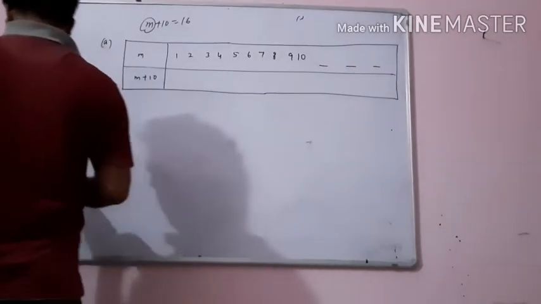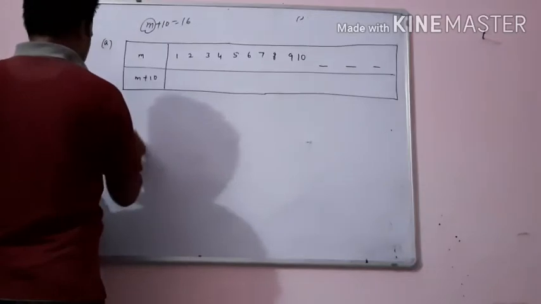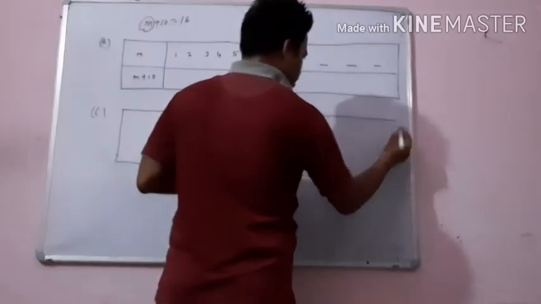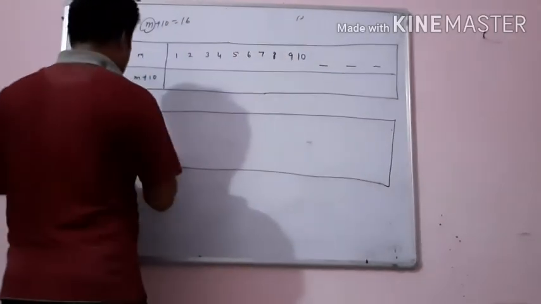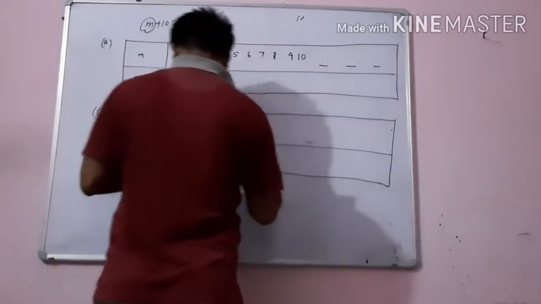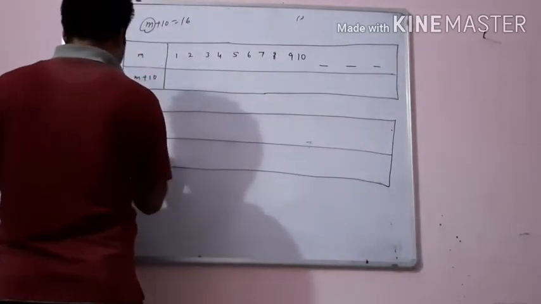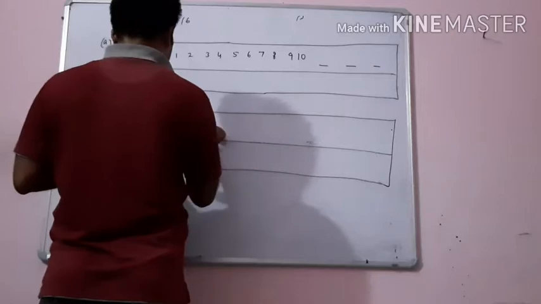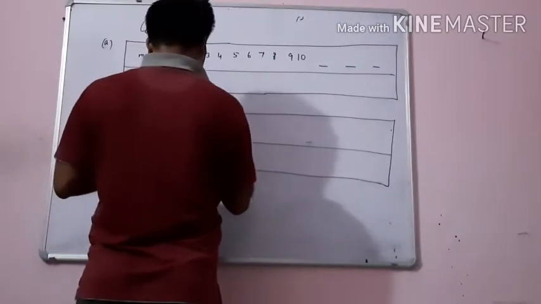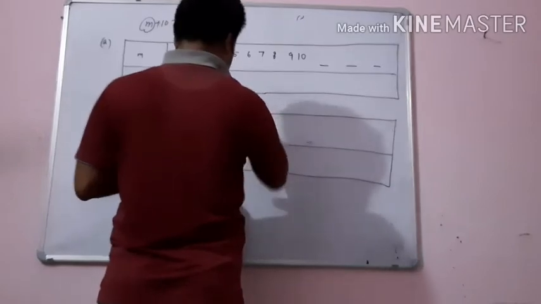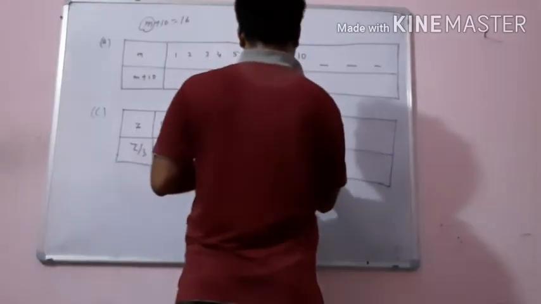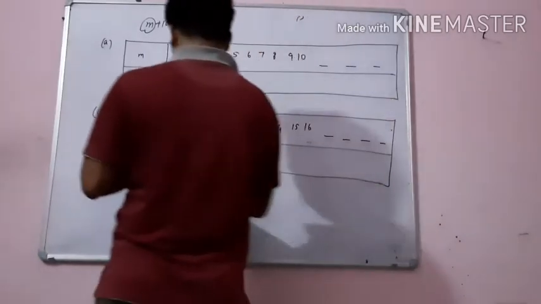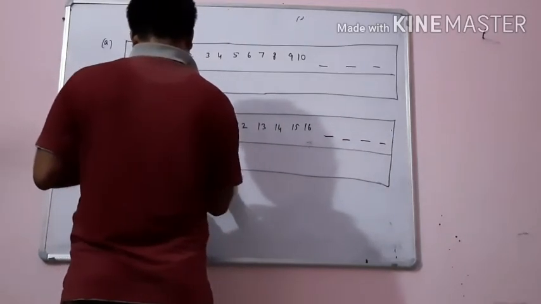Moving to table number C. See what data has been given in table C. Z upon 3, 8, 9, 10, 11, 12, 13, 14, 15, 16, and we have 4 here, then 2 upon 3, 3, 1 upon 3.